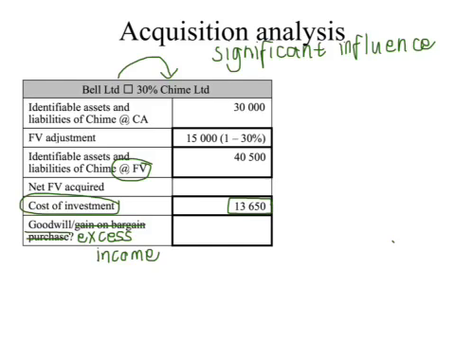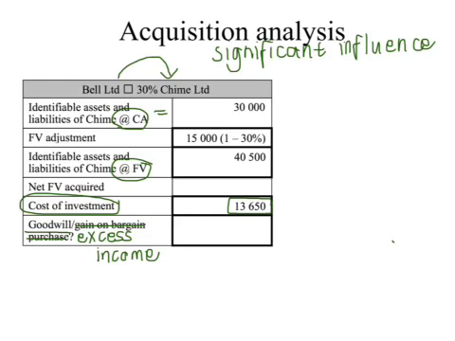The question then further tells us that the equity of Chimes Limited at acquisition date was $30,000. Now, you know that if you've got the equity figure of the associate at acquisition date, that is equal to the net asset value of the associate at that date, valued at the carrying amount, so the amounts that are included in the accounting records.